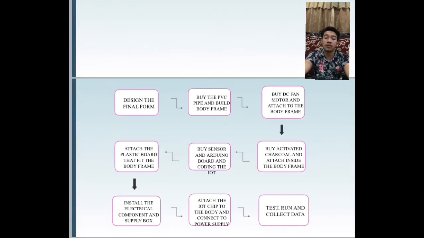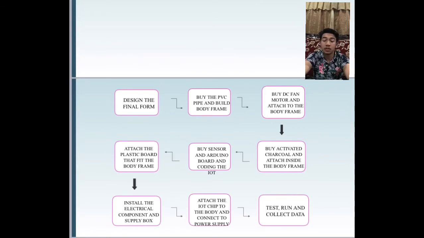Next, I will explain about our procedure. First of all, we designed the final form, and after finishing it, we bought the PVC pipe and built the body frame. After that, we bought the DC fan motor and attached it to the body frame, and we bought the activated charcoal and attached it inside the body frame. After that, we bought the sensors and Arduino board and coded the IoT. Then we attached them to the plastic board, and then we fitted the body frame.